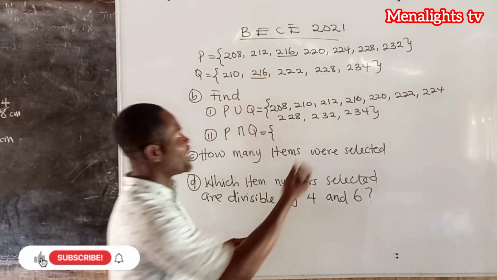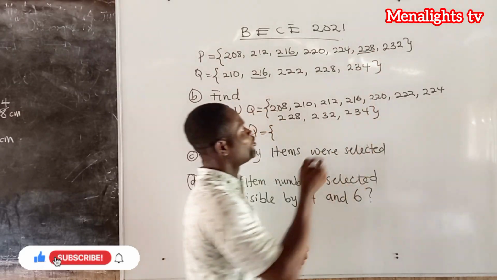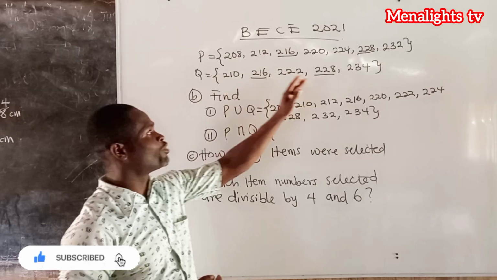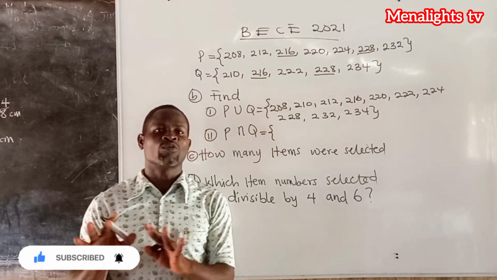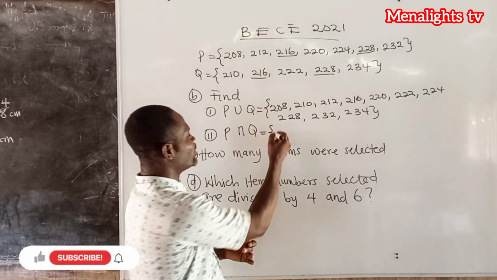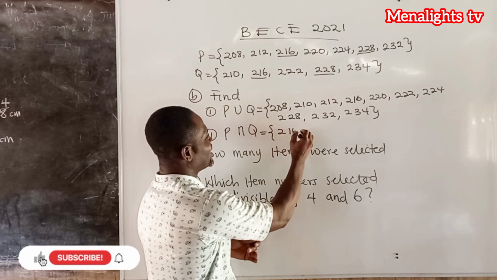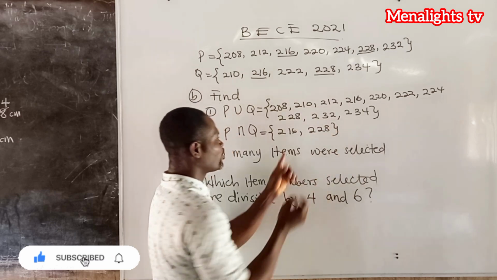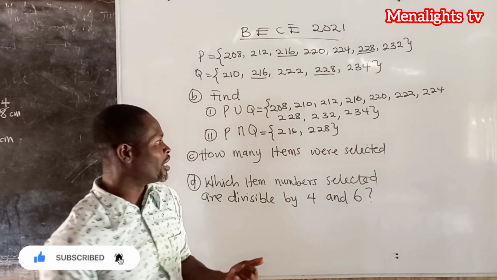The same way, we have 228 and then 228. So 216 and 228 are common to the two sets. So we can see that P intersection Q is 216 and 228.